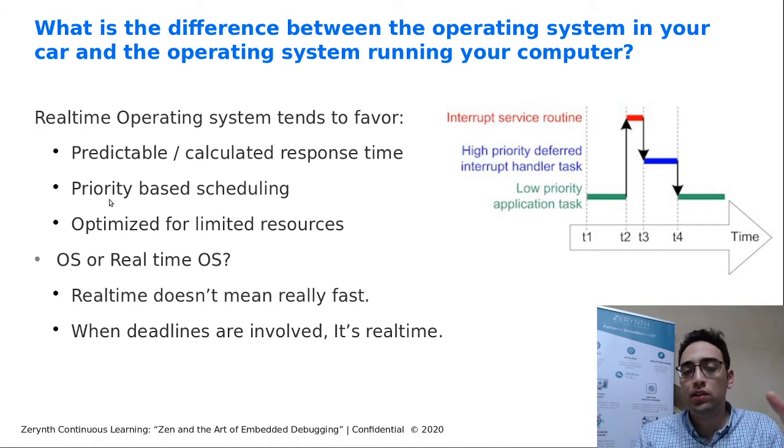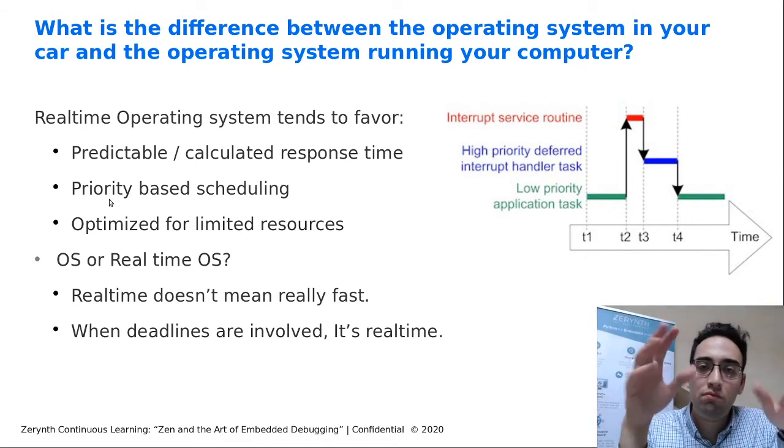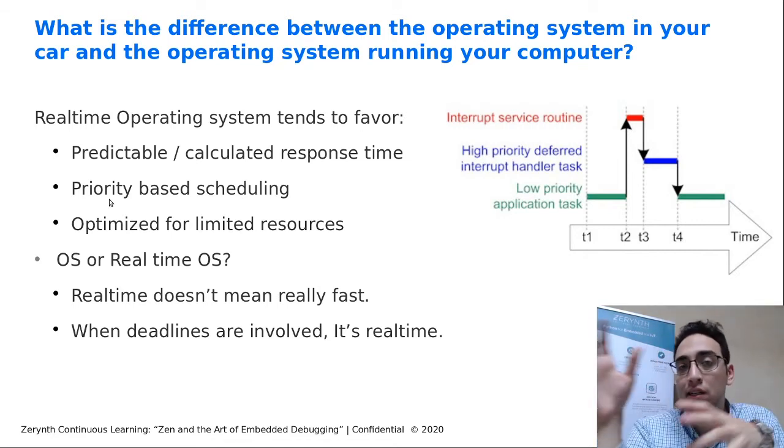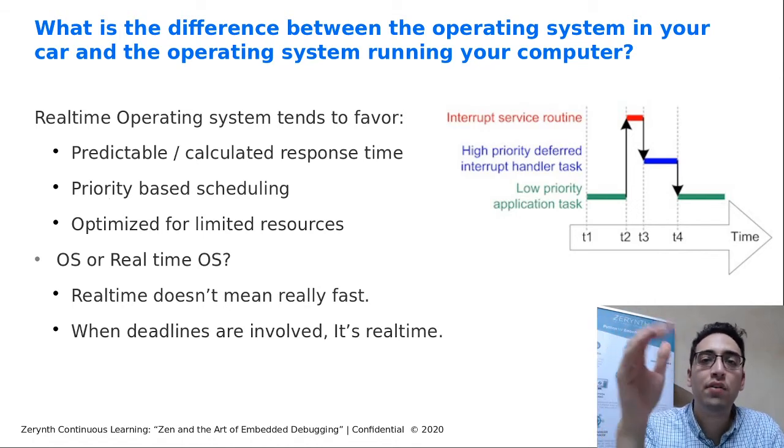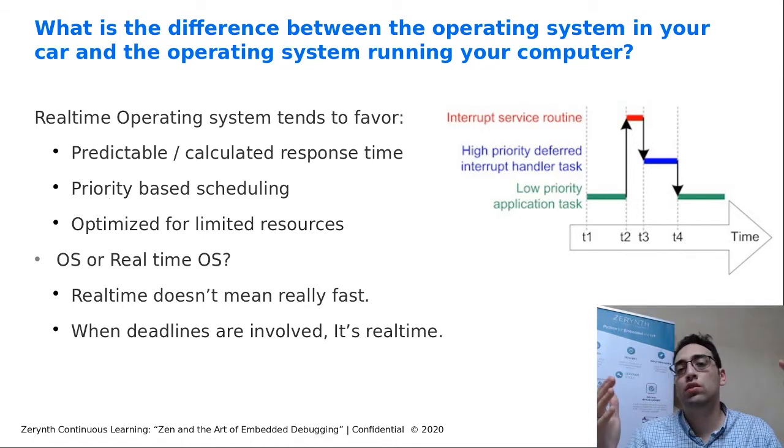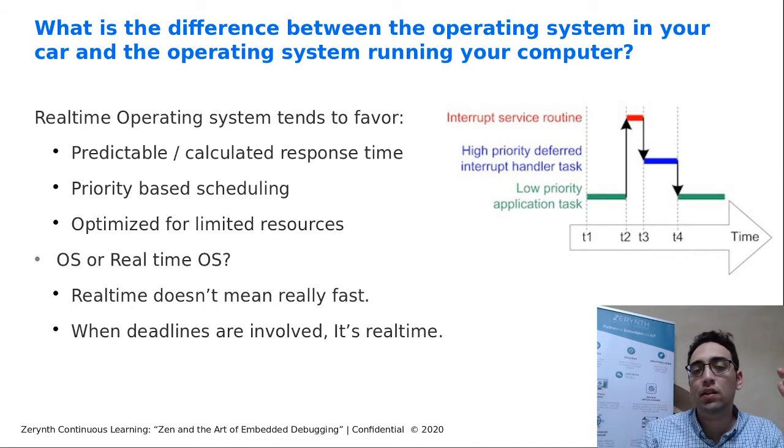They're using a priority-based scheduler. Priority-based scheduler means that the decision of which task is going to run next mainly depends on the priority. Do you have a higher priority than the current task or not? That's the big question. So if we look on the right, for example, a low priority task is running.